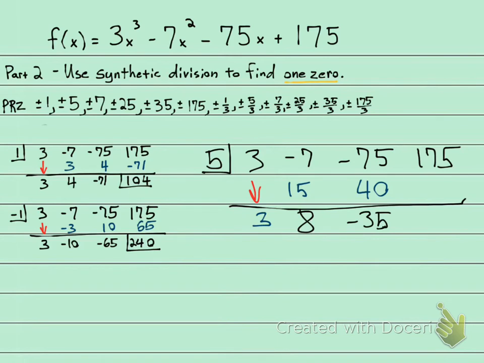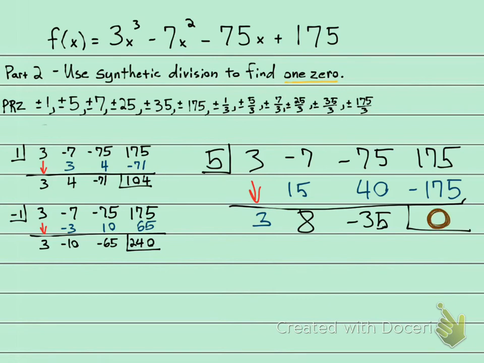And 5 times -35, I need my calculator for that. Let's see. 5 times -35 equals -175. Fantastic. Look at this. -175 plus 175 is 0.